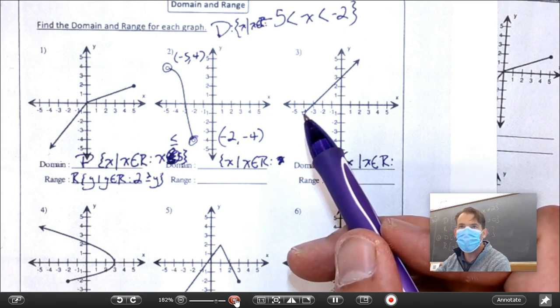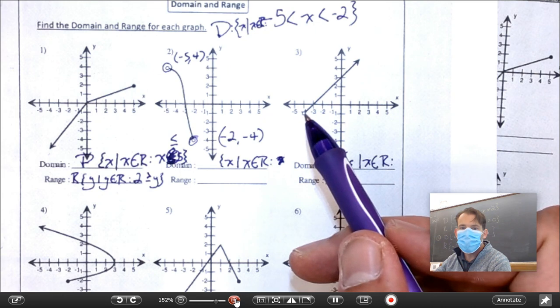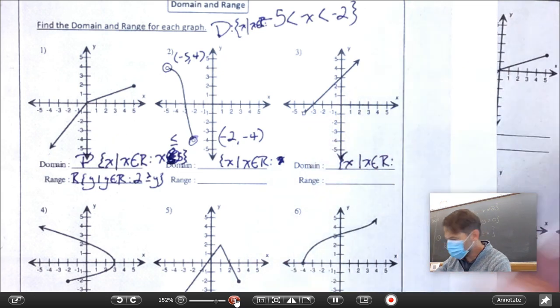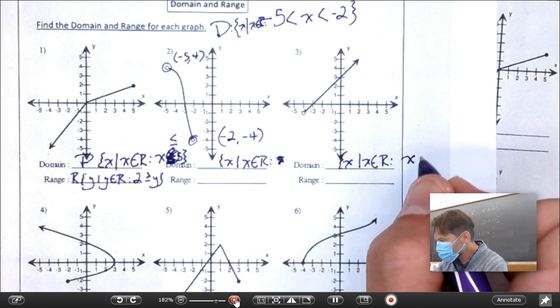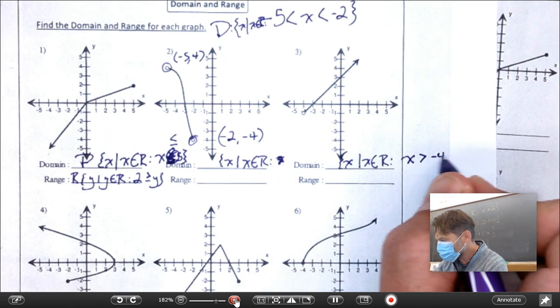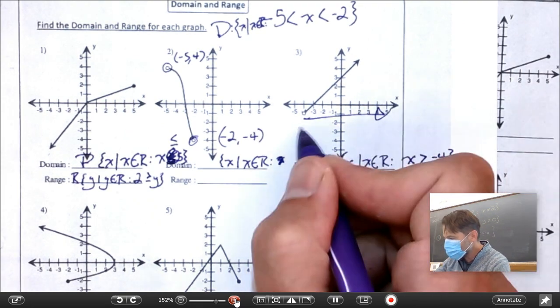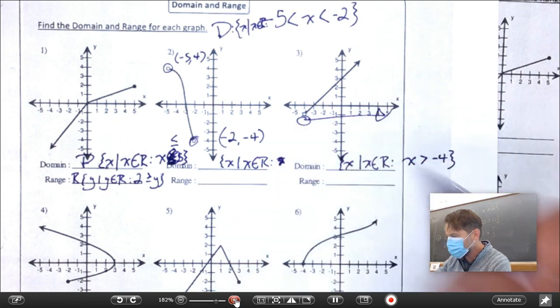Is that -1? I can't read it. Yeah, that's -4. It is greater than -4. So x is greater than -4. And so that tells me from there and all the way out, all those values, but not that value.